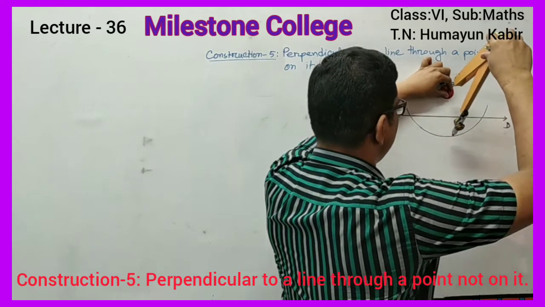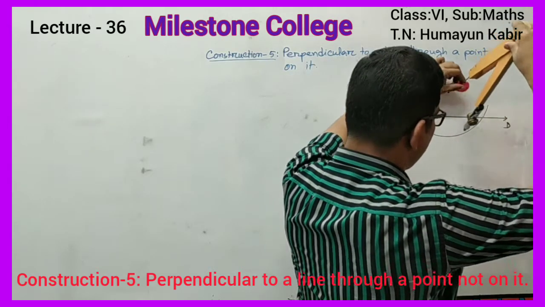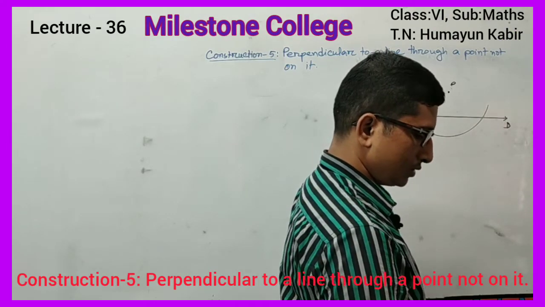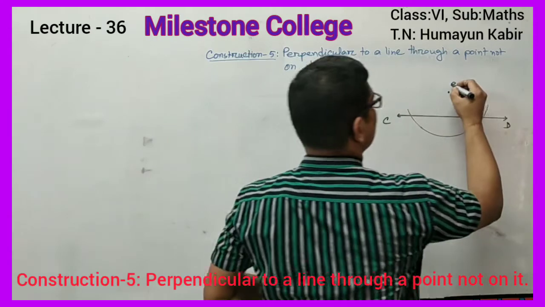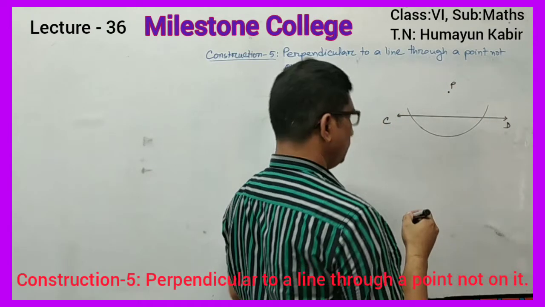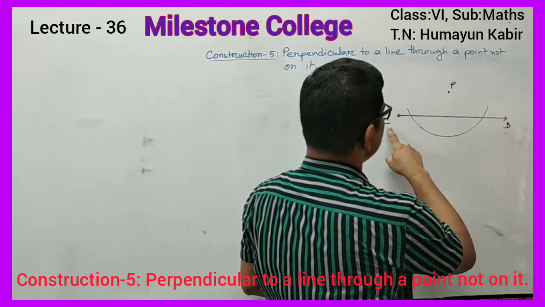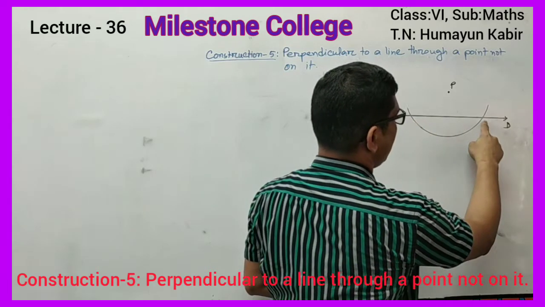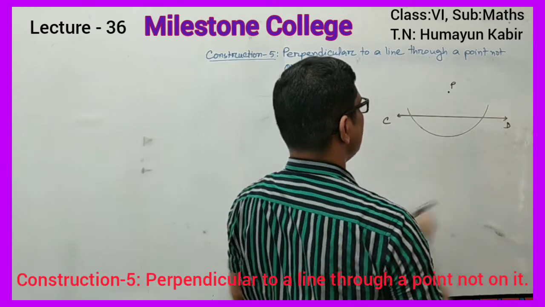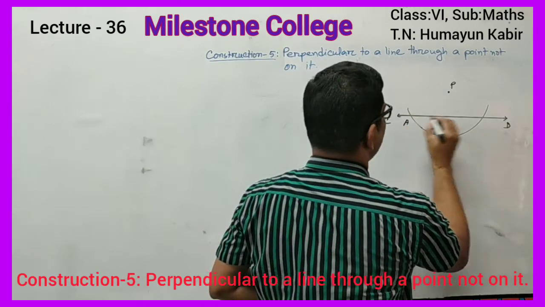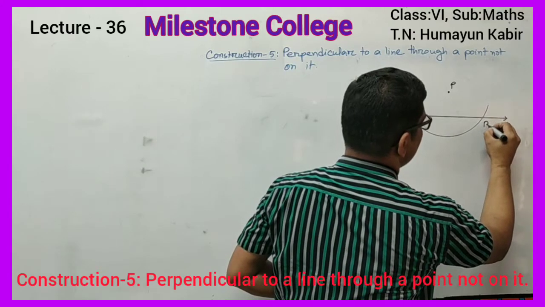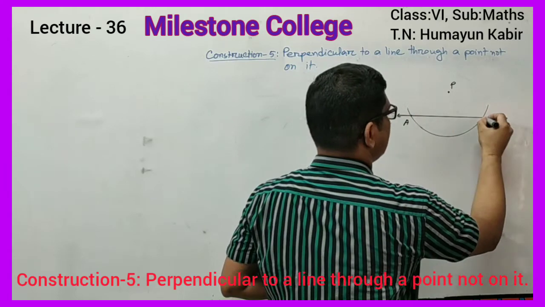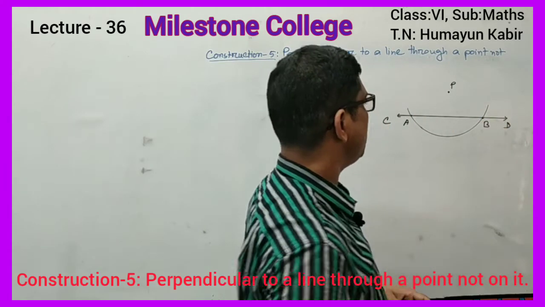After that, suppose this arc cuts CD at this point and this point. Suppose these points are A and B.